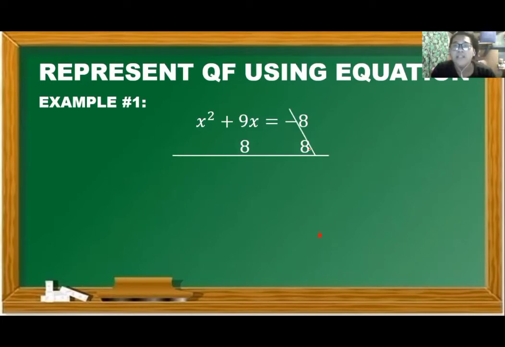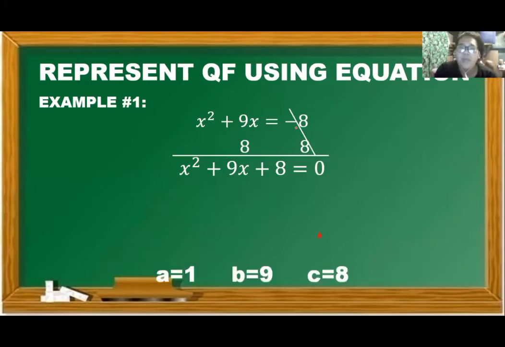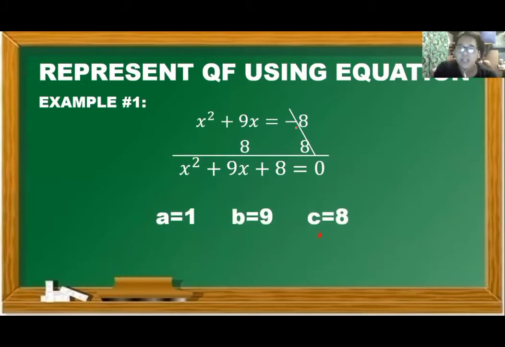We're going to cancel out negative 8 and 8, and we now have x squared plus 9x plus 8 is equal to 0. Since the expression is now in standard form, we can identify the values of a, b, and c, where our a is equal to 1, our b is equal to 9, and our c is equal to 8.